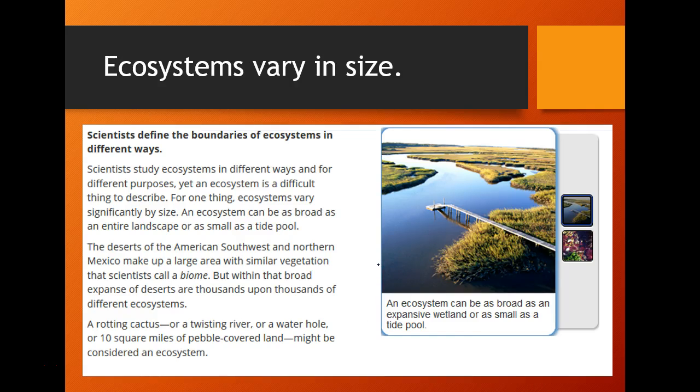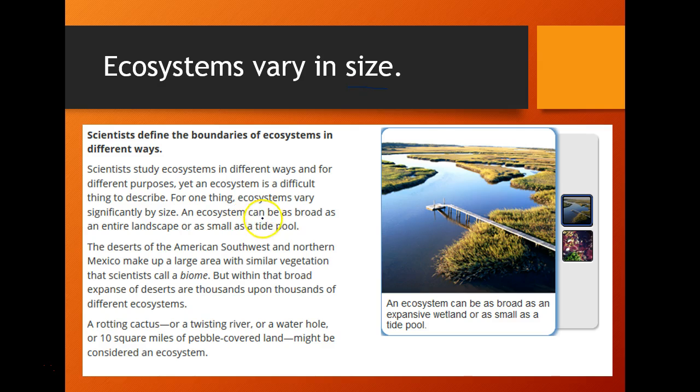So not only do ecosystems vary in climate, but they also vary in size. It gets kind of tricky here because it's hard to define what exactly an ecosystem is and what the boundaries of each ecosystem are. Scientists actually do this in very different ways.